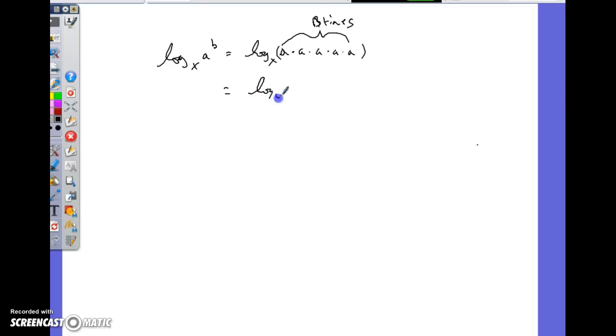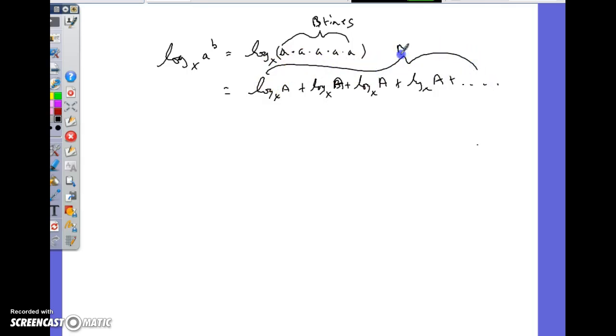So this becomes log base x of A plus log base x of A plus log base x of A. How many times are we going to do that? I'm going to do that B times, right? Which means this is equal to B log base x of A.